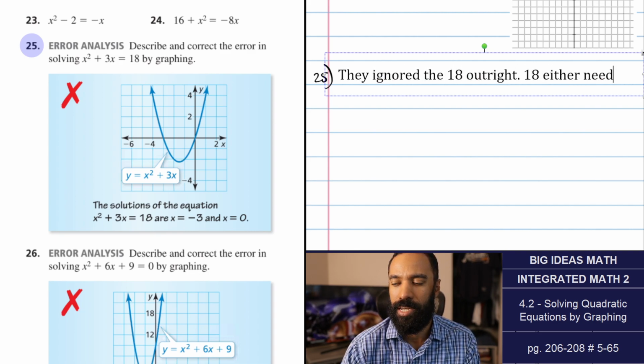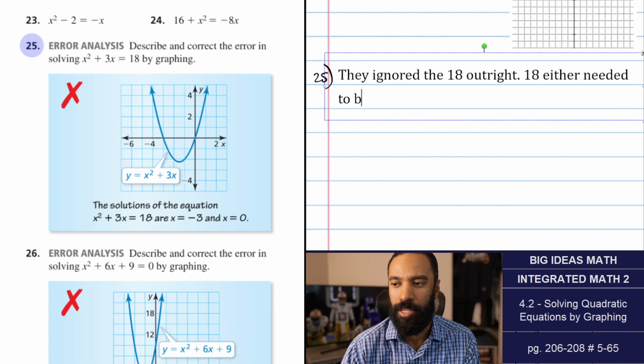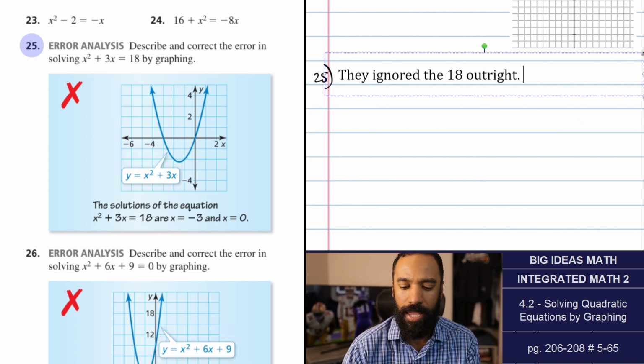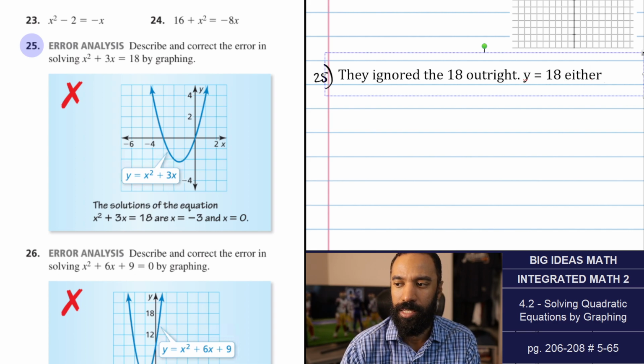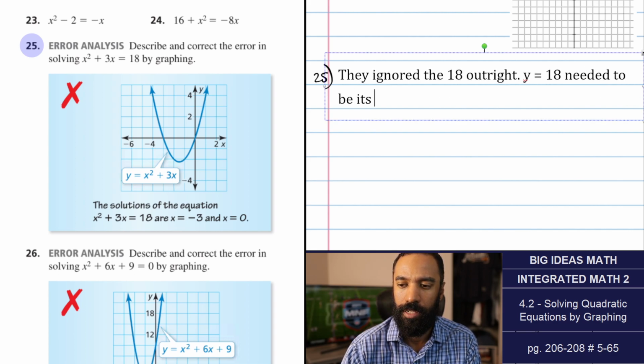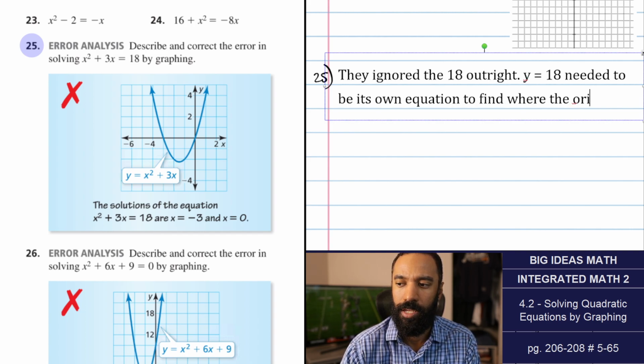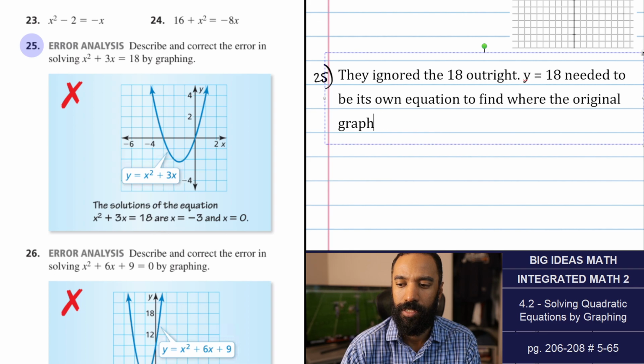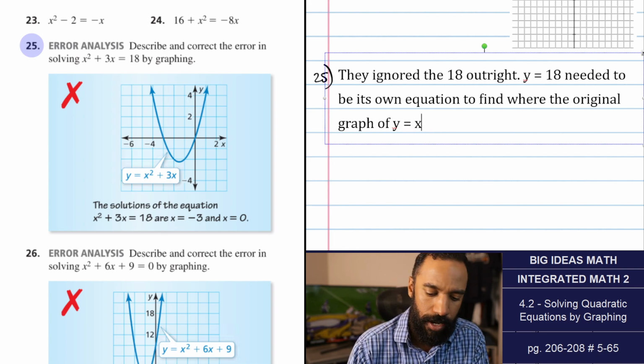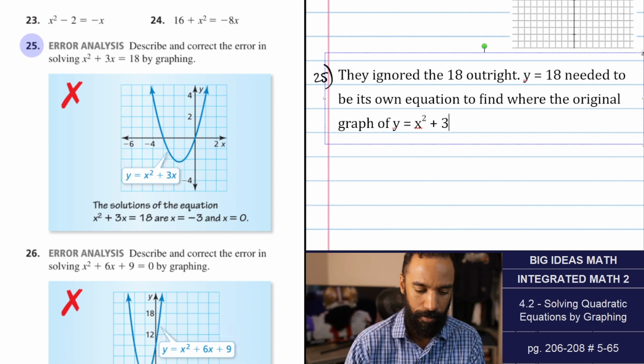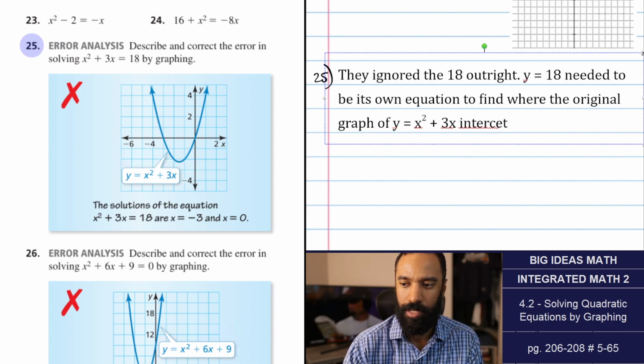18 needed to be its own equation to find where the original graph of y equals x squared plus 3x intersects.